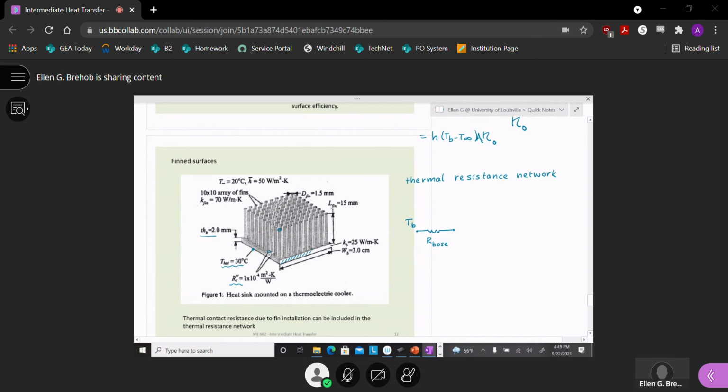We're thinking that's this little 2 millimeter slab of material. But now I have 2 paths for heat to be convected away from that surface. One is that I have to go through a contact resistance, and then I go through the fin.